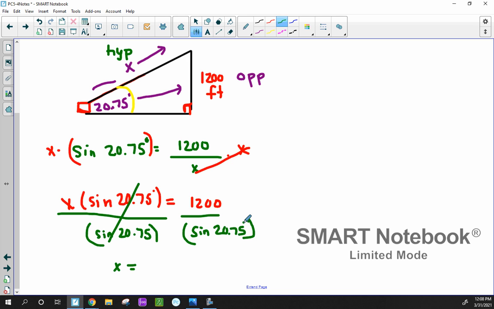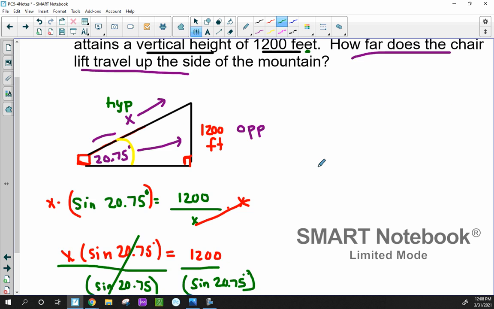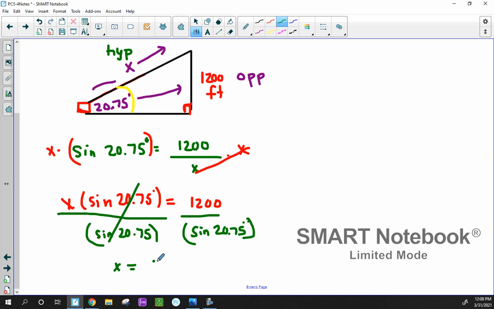1,200 divided by parentheses, sine, 20.75. It's measured in feet. So I'm getting 3,387.05 feet.